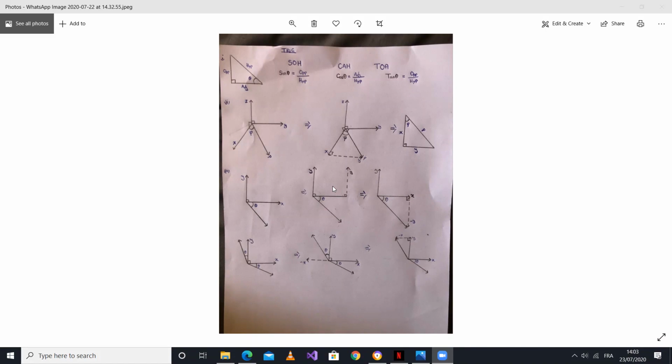And then vectors that are parallel to each other but in opposite directions are equal but have different signs. So if I have one going to the right and another going to the left and they're parallel to each other, the one going to the right is equal in size, but it has a different sign. So one might be 5, the other one will be -5. One will be 4, the other one will be -4. One will be I, the other one will be -I, but they are still of the same size.